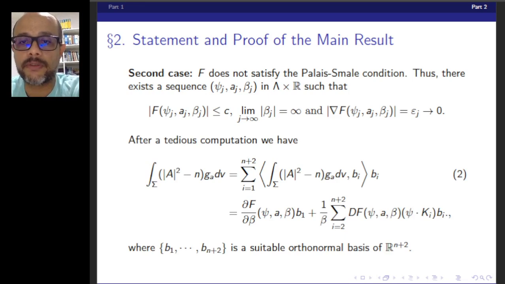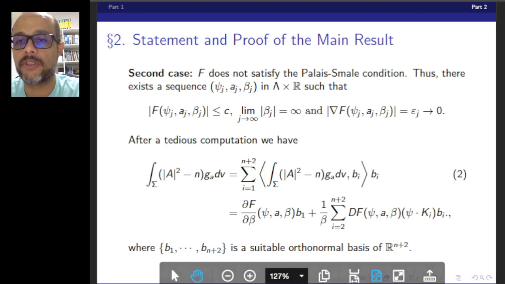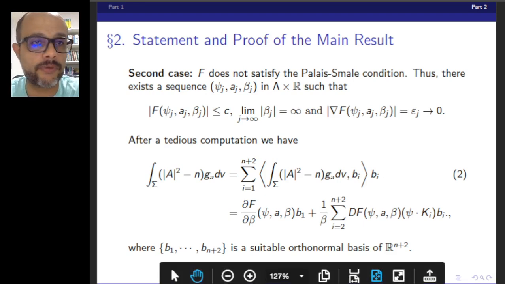This expression is very nice for us. You can rewrite the integral of the norm squared minus n times g_a using the derivatives of the functional f.